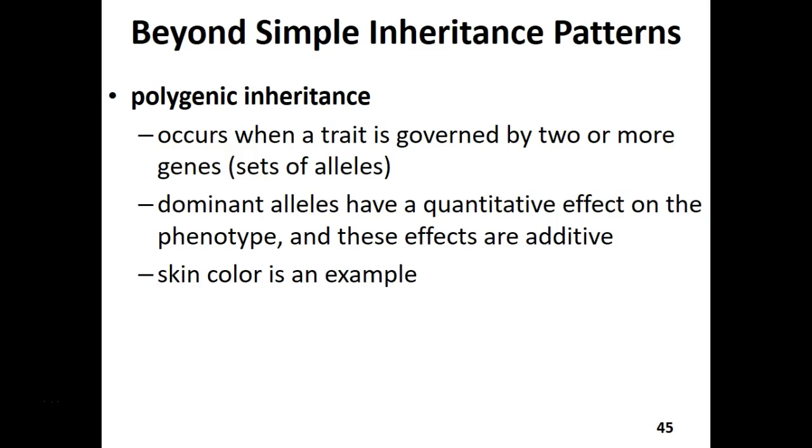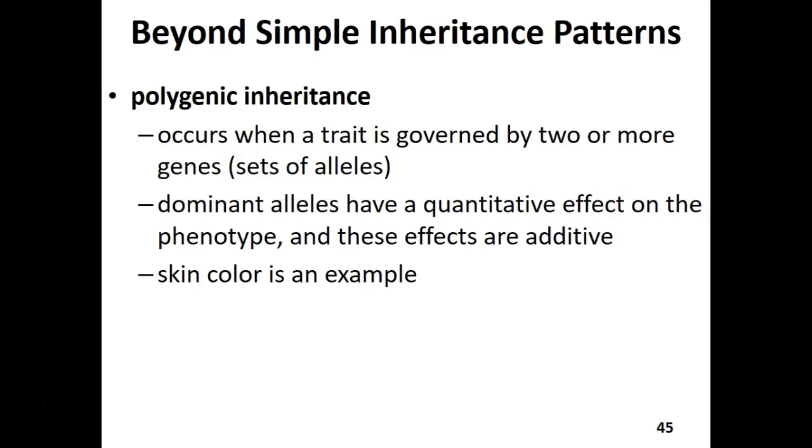So instead of having, say, hairy knuckles characterized by big S, little s, it might be that you have a characteristic that has multiple genes that influence it. So skin color is an example of multiple genes that come into play, not alleles, I'm sorry, genes. And this is known as polygenic inheritance.